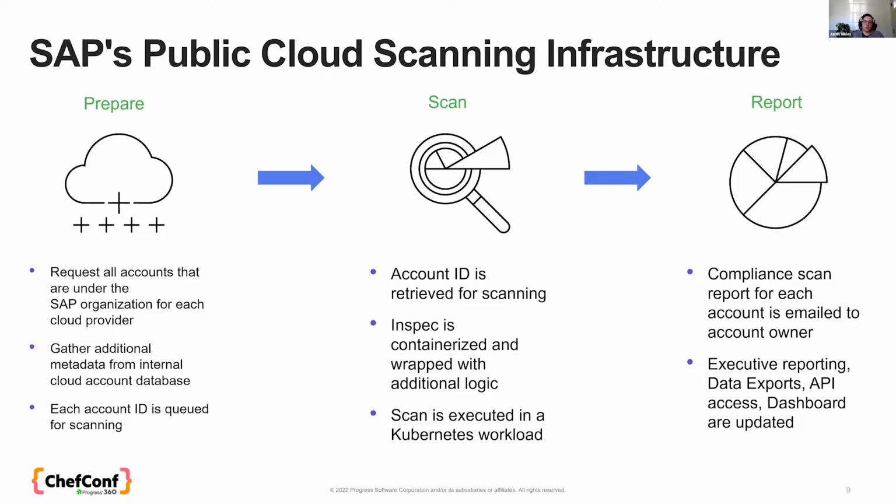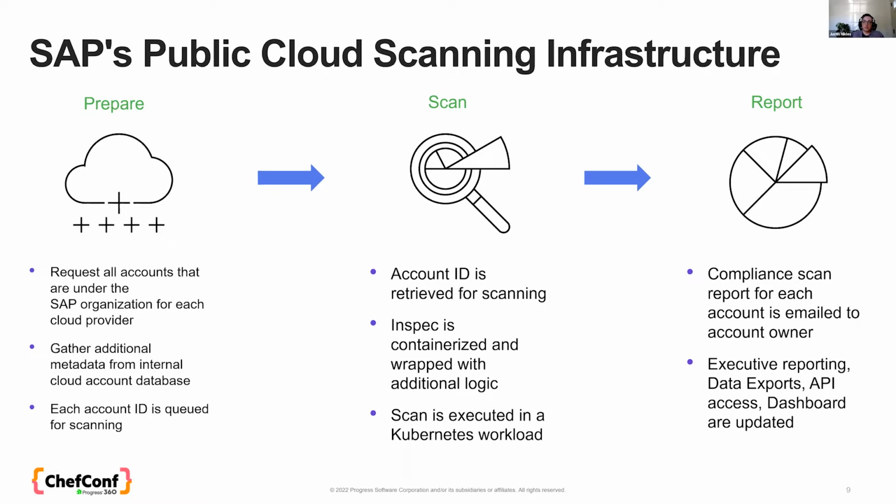And at that point, once we're ready to scan a list of accounts, we retrieve a specific account ID that's queued up. We then scan this by executing a workload on our Kubernetes cluster, which that workload is simply just containerized InSpec with some additional logic wrapping it.